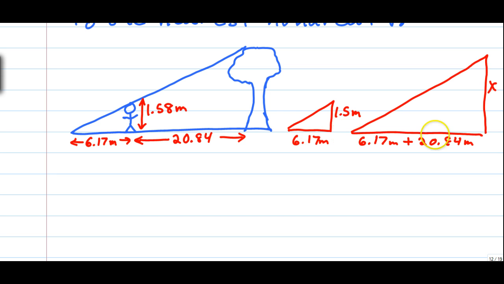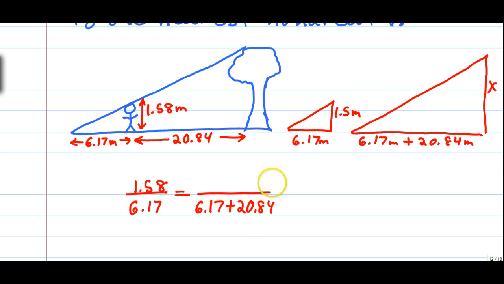We have two triangles now that are proportional to one another, so we can set up a proportion. We have our smaller triangle at 1.58, the height of our person, over 6.17. On the other side, that 6.17 came from the base of this triangle, so we'll take the information from the base of our second triangle, and that is 6.17 plus 20.84.